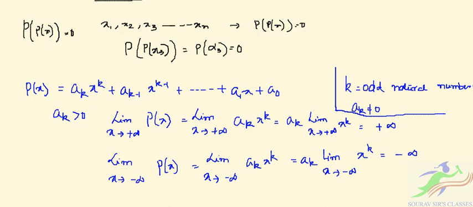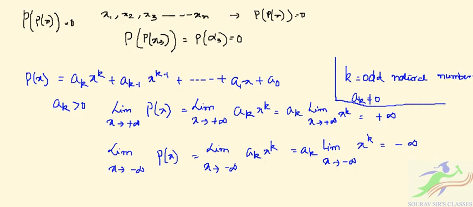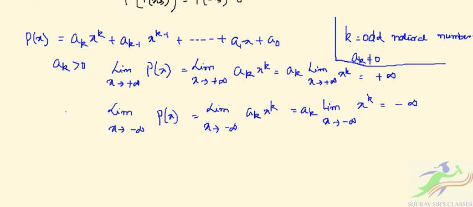So from the above limits we can see that there will be a value a, sufficiently large and negative, so that P(a) is less than 0, and a value b, sufficiently large and positive, so that P(b) is greater than 0.